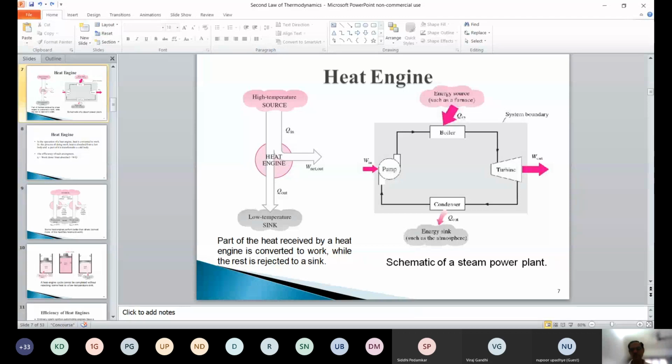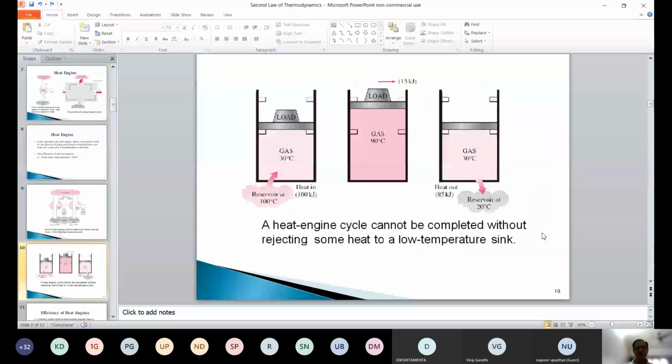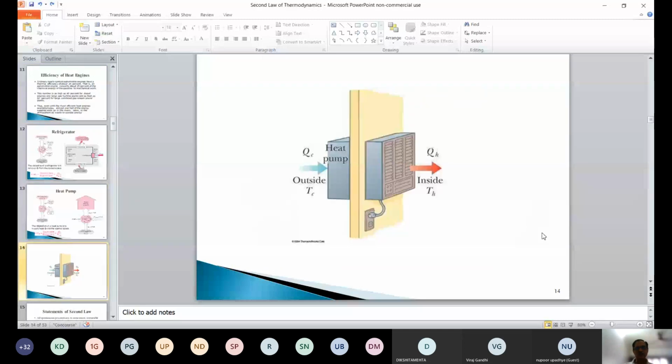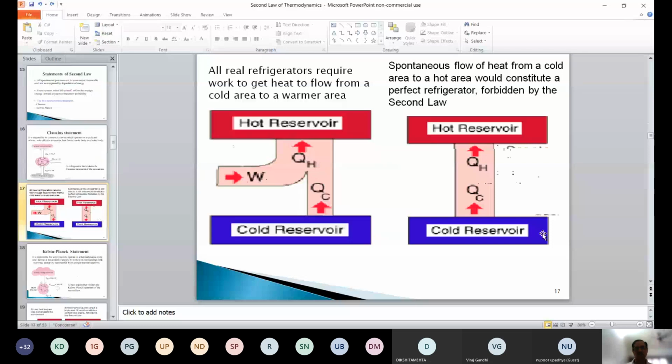Anybody? In the boiler. Boiler. Okay, expansion. Okay, let's complete all the 4 steps, then we'll come back. Then you'll be able to correlate probably better.